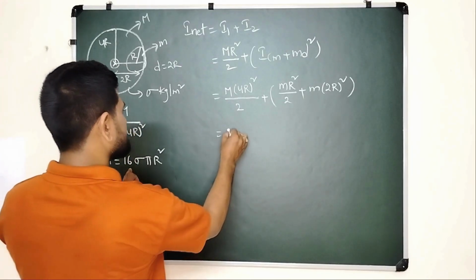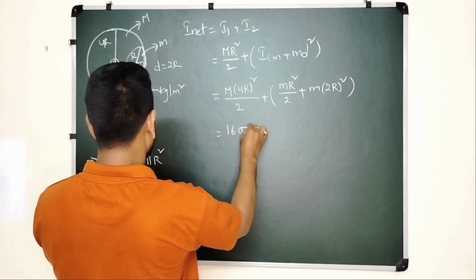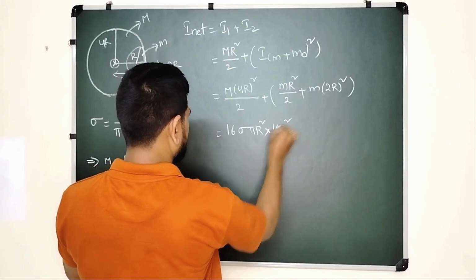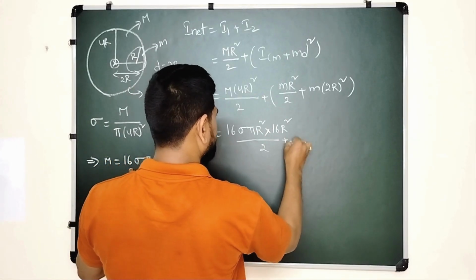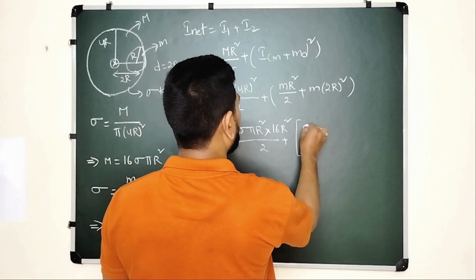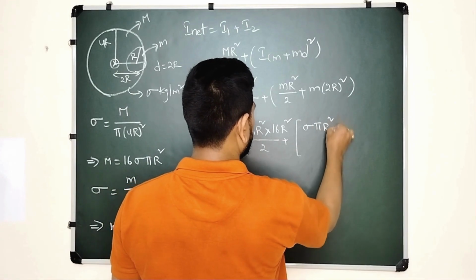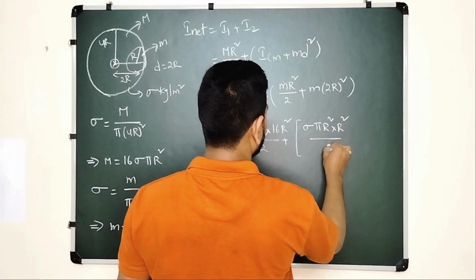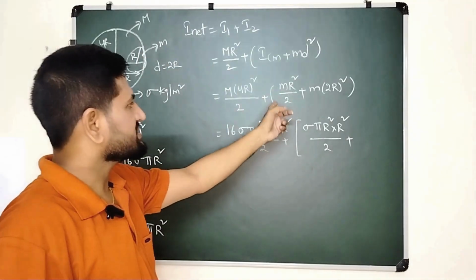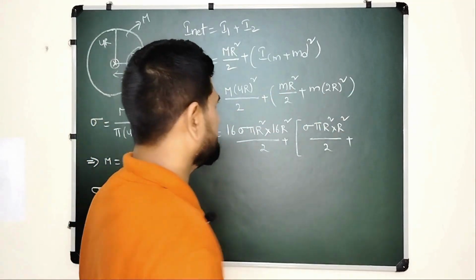Capital M, 16 sigma pi r square into 16 r square by 2, plus small m value, sigma pi r square into r square by 2, plus, why? Because here the r of both are the same, that is why I have taken the same value.